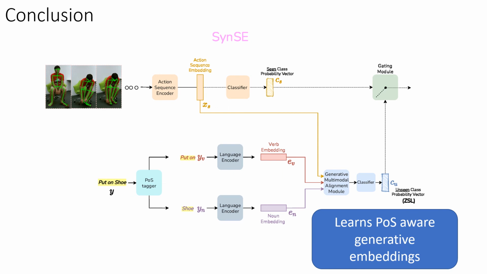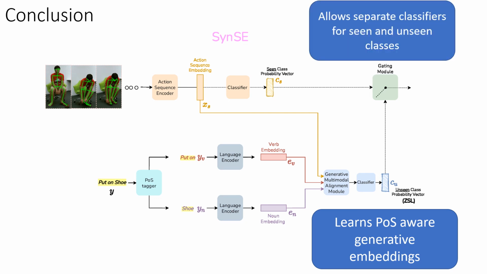Also, our generative multimodal alignment block learns progressively refined generative embeddings aligned in a parts of speech specific manner under cross-modal reconstruction. Our gating module learns to classify between seen and unseen classes, thus allowing us to use separate, better performing classifiers.